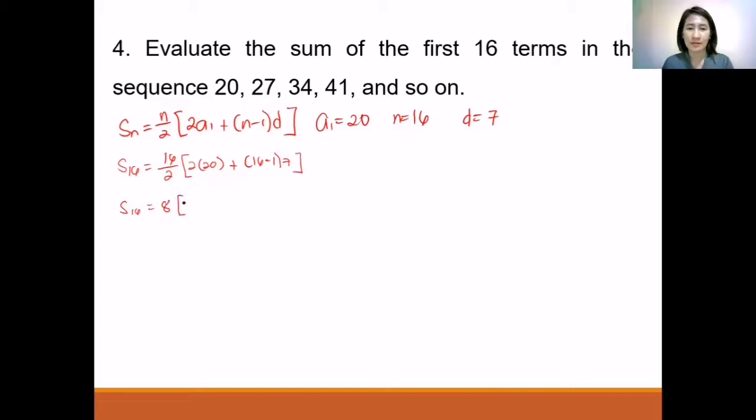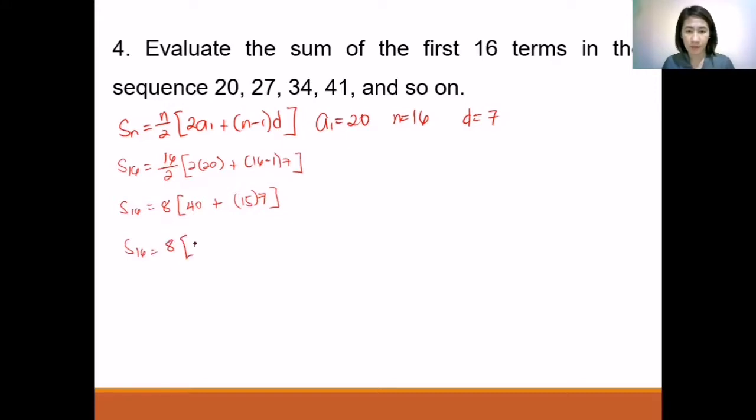Multiplied by 2 times 20, you have 40. Plus 16 minus 1 is 15 times 7. You can actually multiply this right away if you want to, wherever you are comfortable.